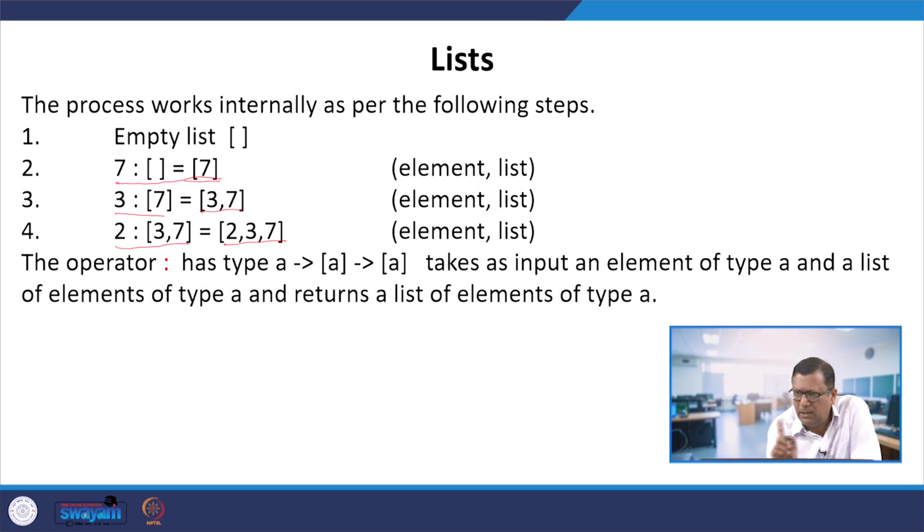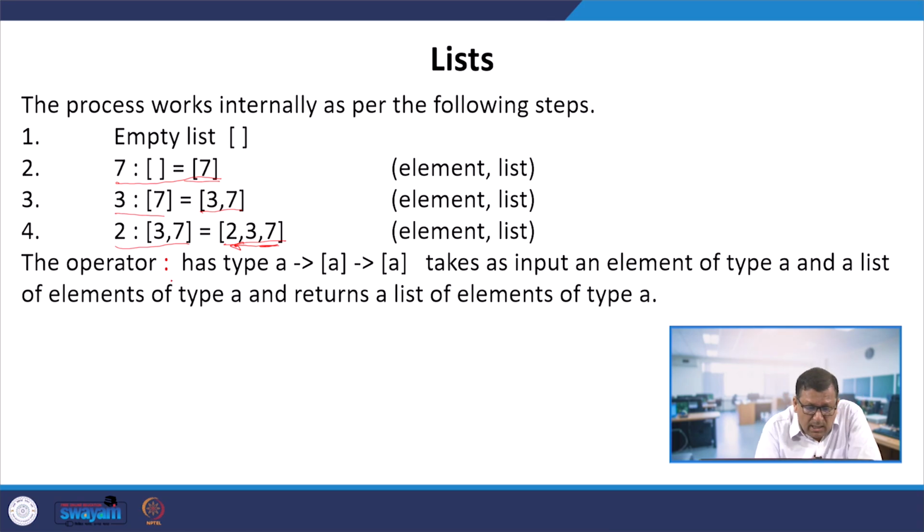So we have seen how the list is constructed. 2, 3, 7 is constructed from the empty list. Then it goes in the reverse direction, so elements are added to the front. You have the empty list, then we add one element at the front, then add the second element, then finally the third element.